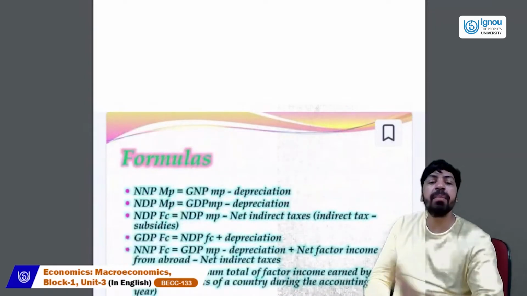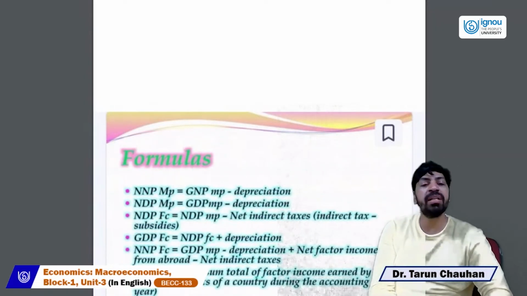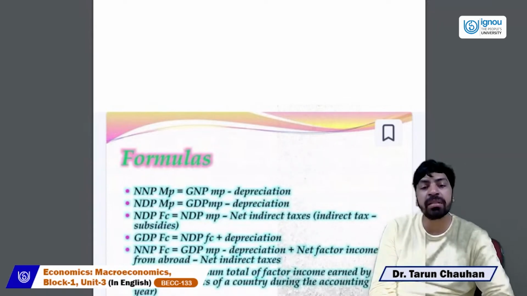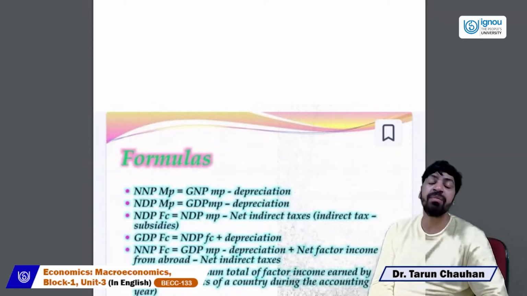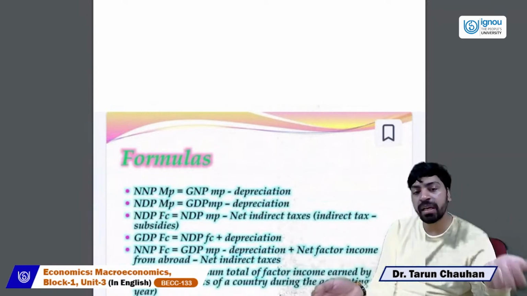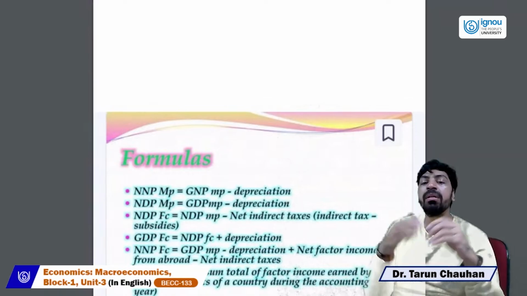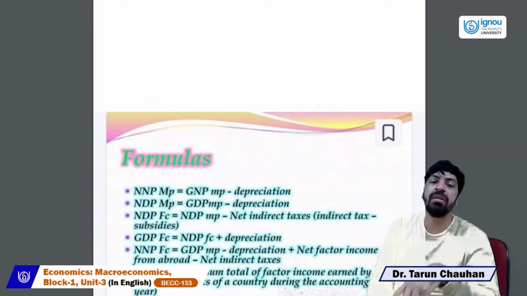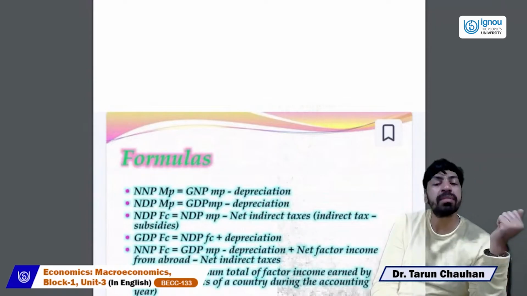So these are the main formulas. The first one is NNP/MP, that means net national product at market price. When we talk about net, we always talk about the losses that will be incurred in the value of a good or service.